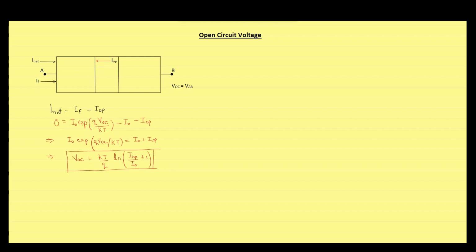You can see from this expression that if there is no optical generation rate, then the open circuit voltage will be equal to zero.